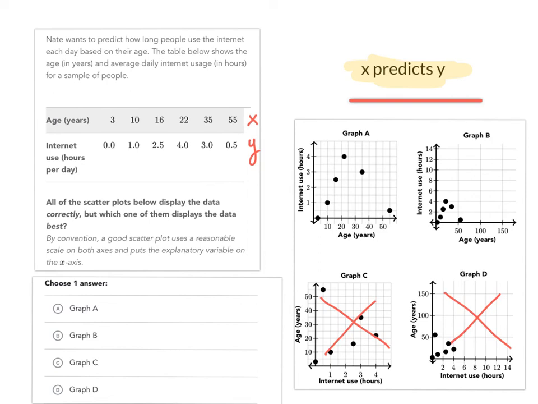The average human doesn't live to 100. And certainly, I'm not even sure if there's ever been a person who's lived to 150. So again, although graph B might display the data correctly, it's not the best representation of the graph. So the correct answer for this prompt, it says choose one answer, which one displays the data the best, would be graph A.